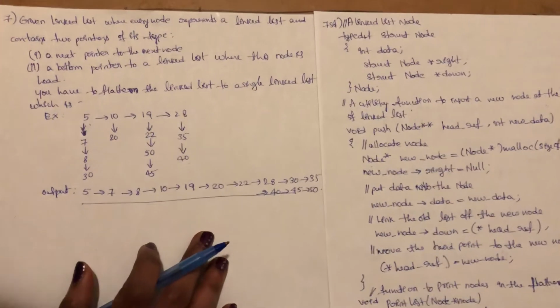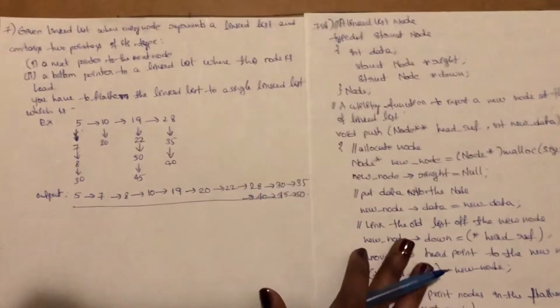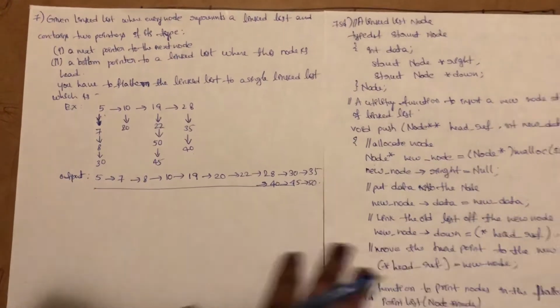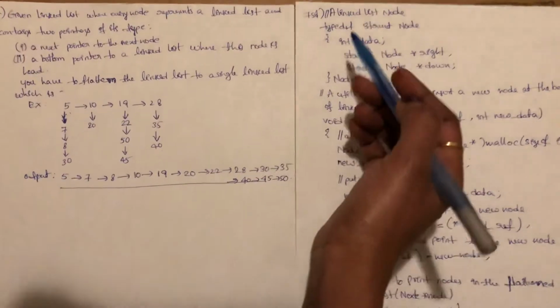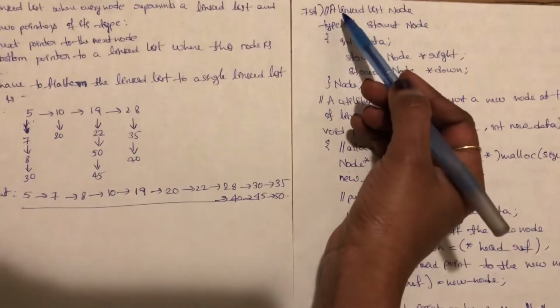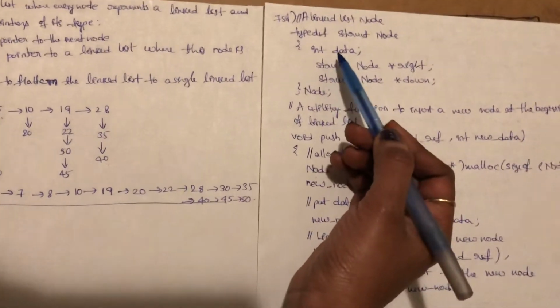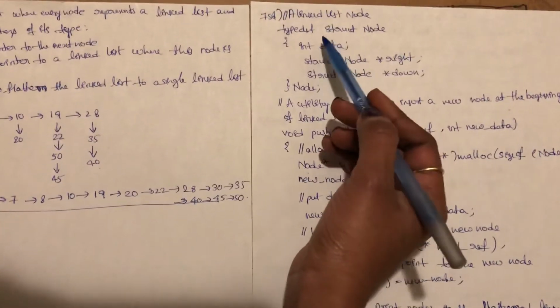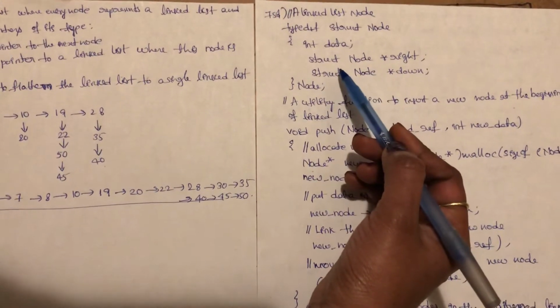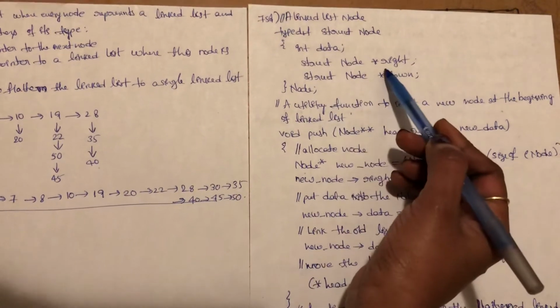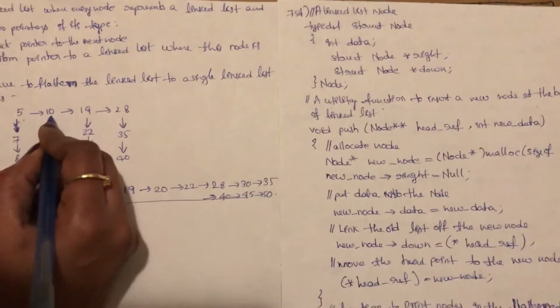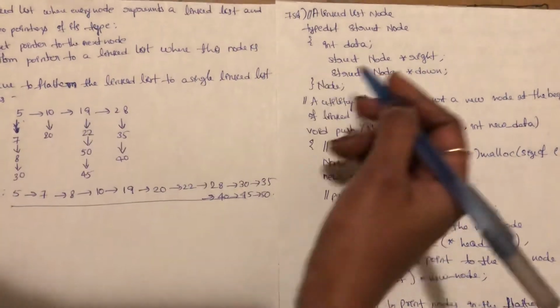So here we are going to solve this problem using this solution. Let's see how to do this. First of all, we are going to take a linked list node which has the data and two pointers: one is right and another one is down.